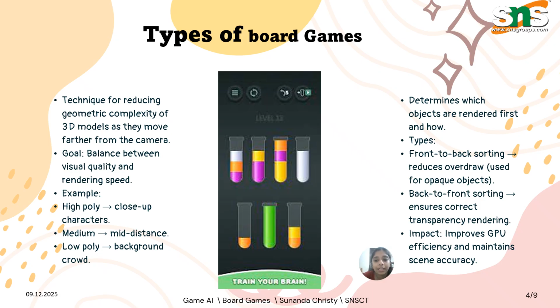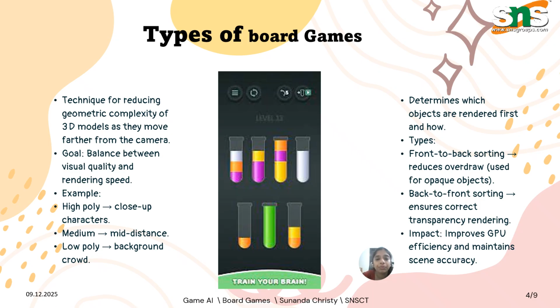If we take the snake and ladder board game, that is totally different, which is in the form of speed, whereas chess is a different thing. So we have to choose every goal and balance the visual quality against the rendering speed of each and every board game. Also we should determine the first path, from where it starts and how it starts. All those things should be determined for a board game.